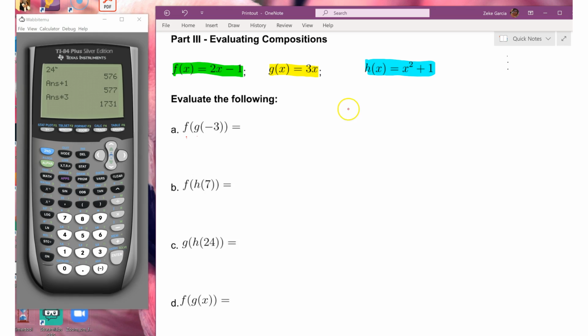So now we're trying to figure out f of g of x. So we have f, and now the input will be the actual equation, which is 3x. So g of x equals 3x. So now you notice that f has the input of g of x, which is 3x.